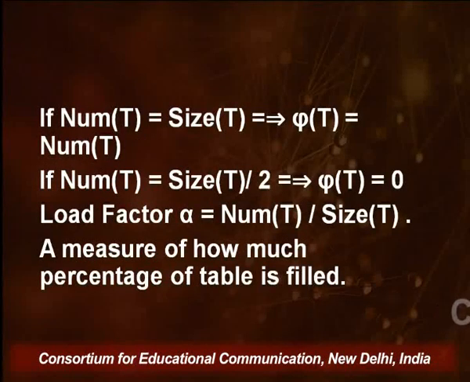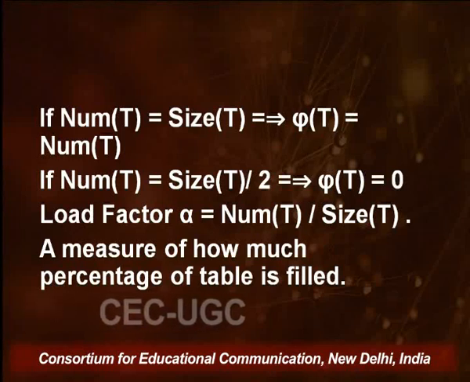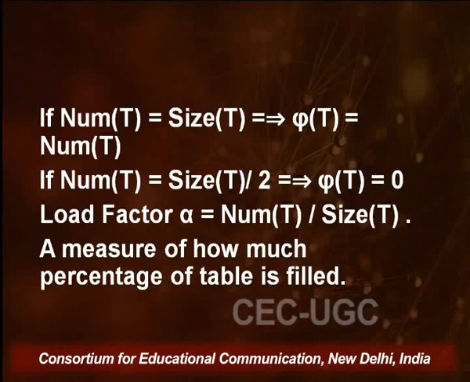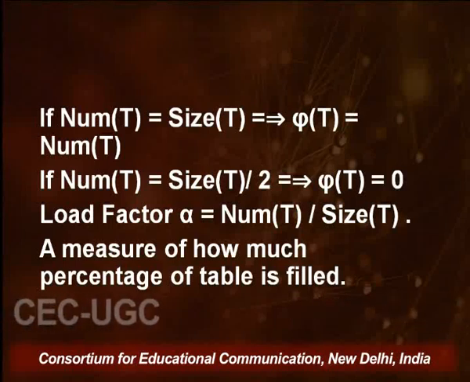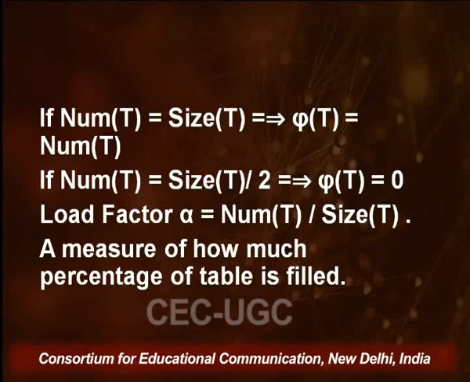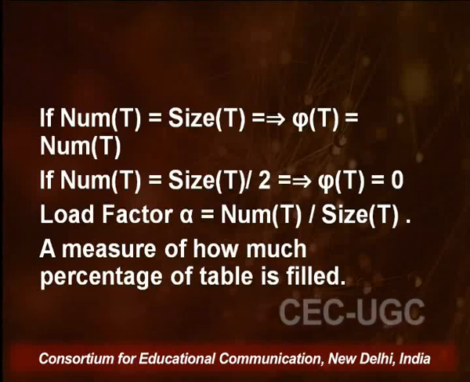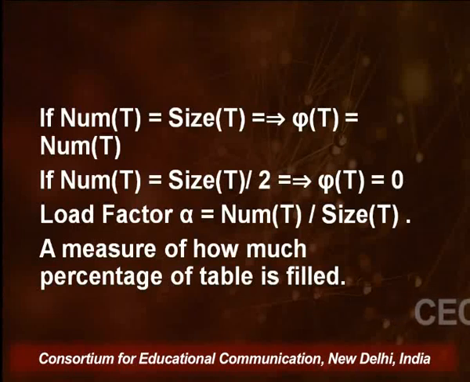This was the base for the terminology we will be using in today's lecture. When the number of elements in the table, num[T], is equal to size[T], then phi(T) by the formula twice num[T] minus size[T] will be equal to num[T]. And if num[T] is equal to size[T] by 2, phi(T) is equal to 0.